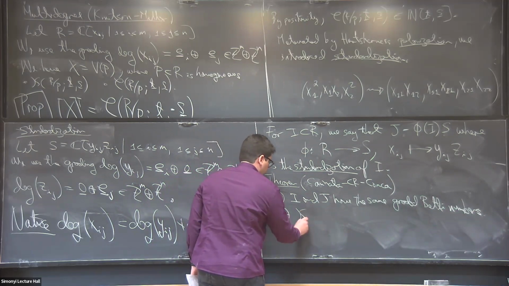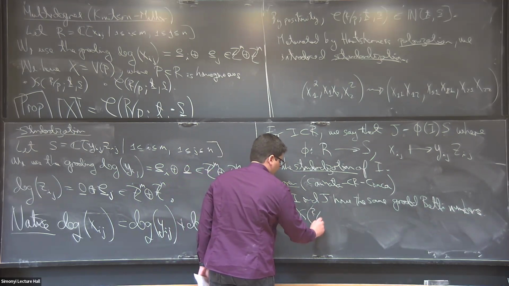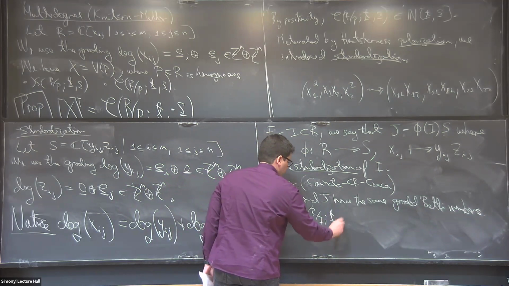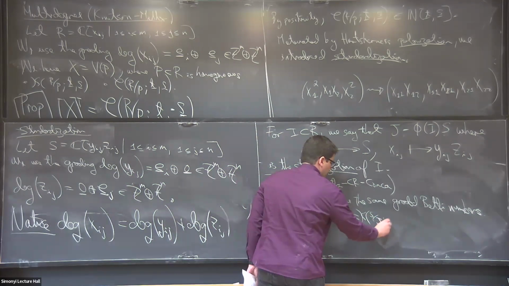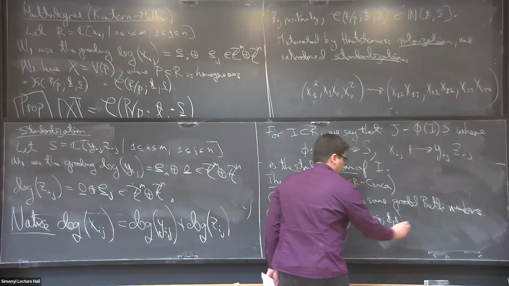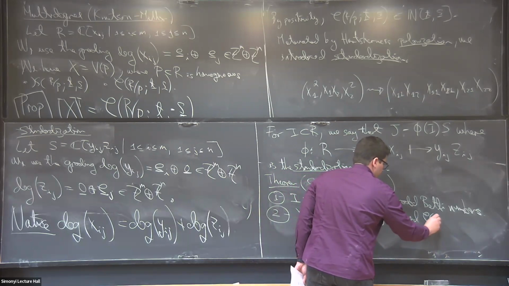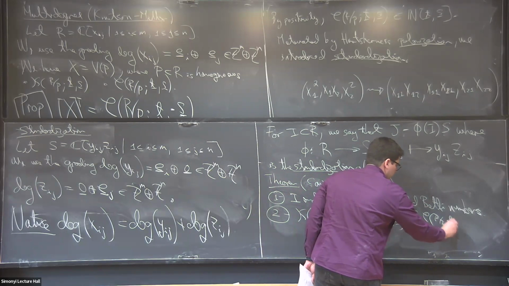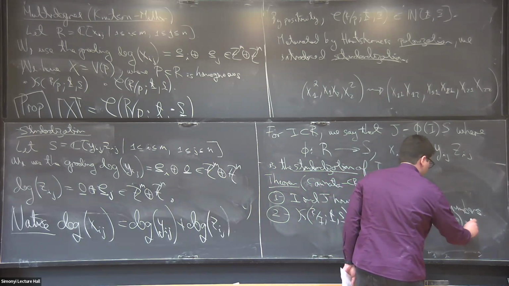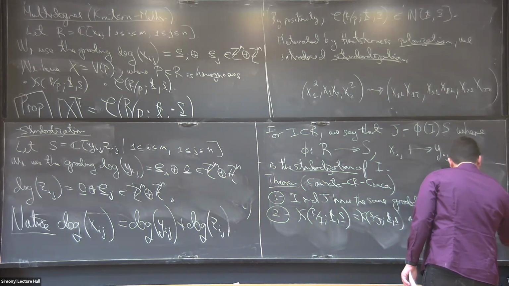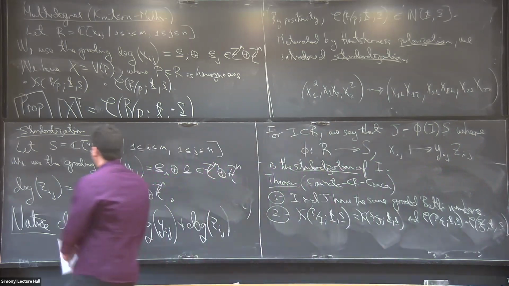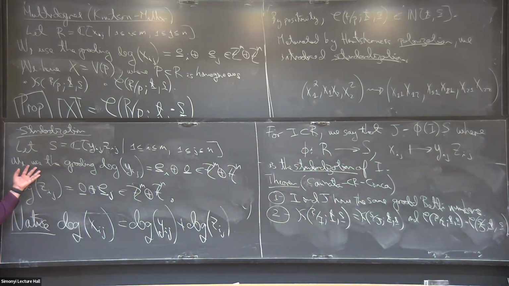And then of course, because you can read them from a free resolution, the K-polynomial of R mod I will be equal to the K-polynomial of S mod J, and the multi-degree polynomial of R mod I will be equal to the multi-degree polynomial of S mod J. So you give me any ideal here, and you will capture the same homological properties of the original ideal.